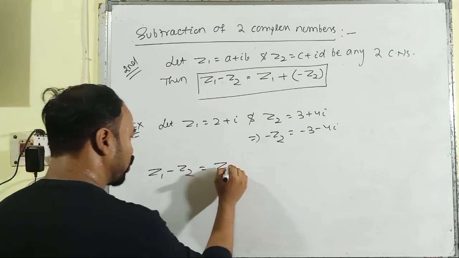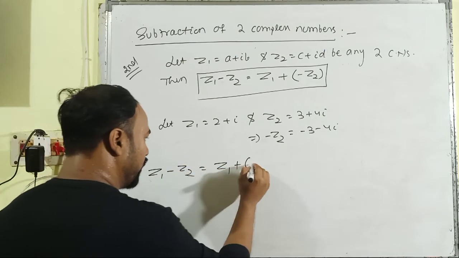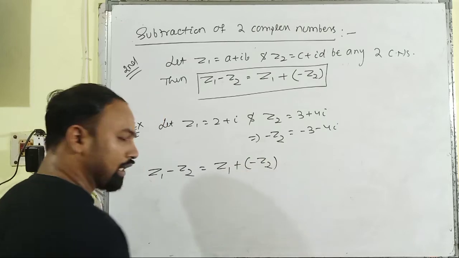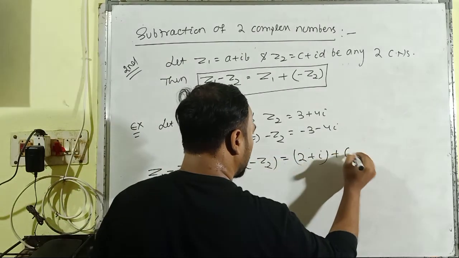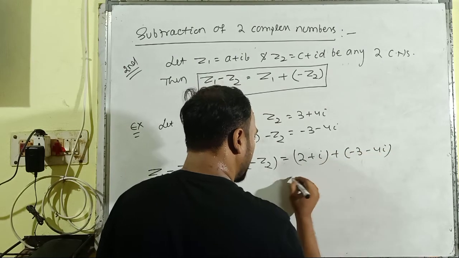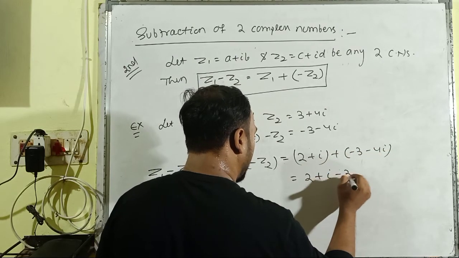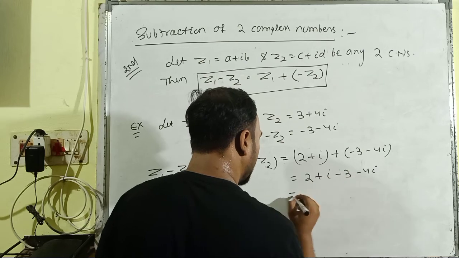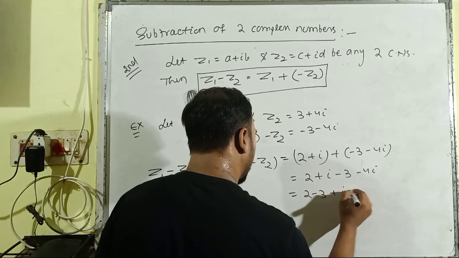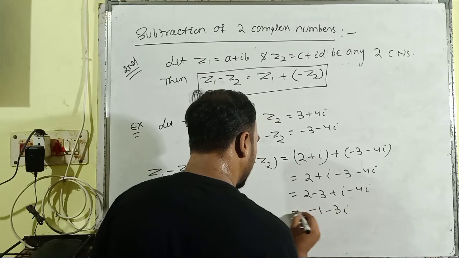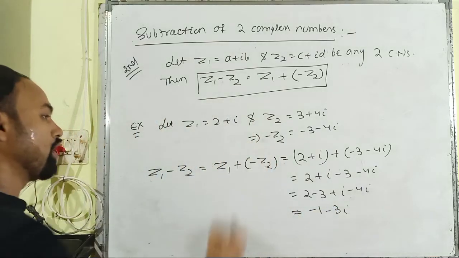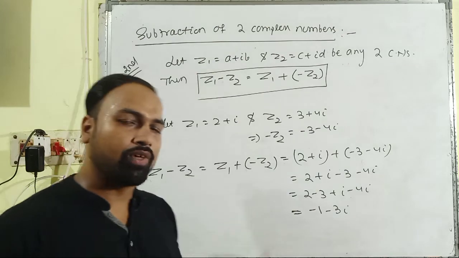That means it is the sum of Z1 with the additive inverse of Z2, that means minus Z2. So it will be 2 plus i plus minus 3 minus 4i. That means it will be 2 plus i minus 3 minus 4i. It will be 2 minus 3 plus i minus 4i, and it is minus 1 minus 3i, and here it is the solution of Z1 minus Z2, and it is based upon the second method.